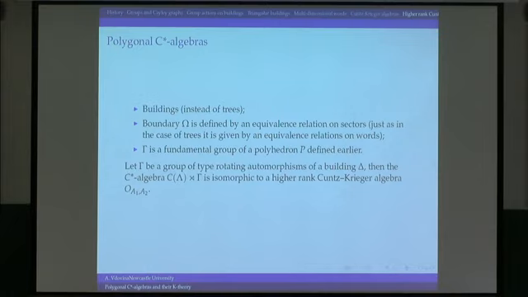Let's think about groups which are, so there is one more element, to be able to use some of the results of Cartwright and Steger. Some of their results ask for so-called type rotating automorphisms. So I can briefly explain what the type is in the two-dimensional case.